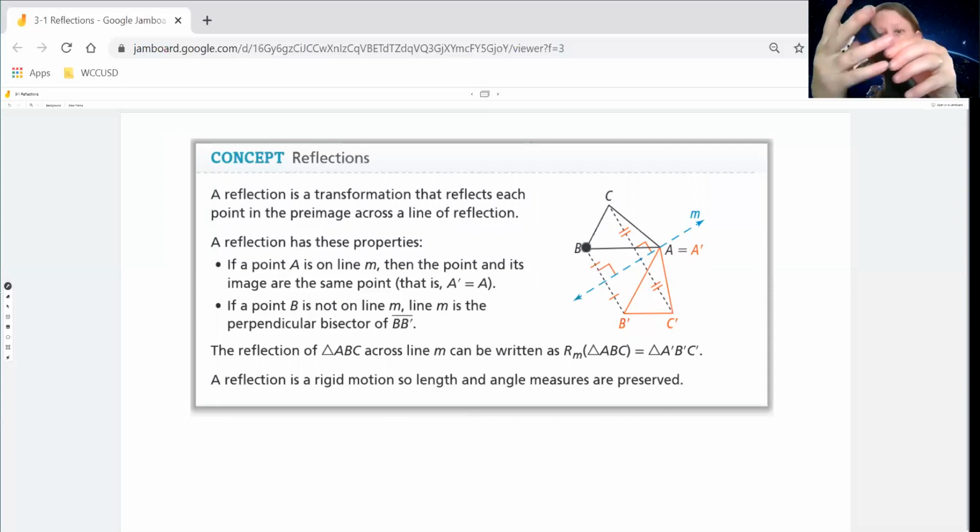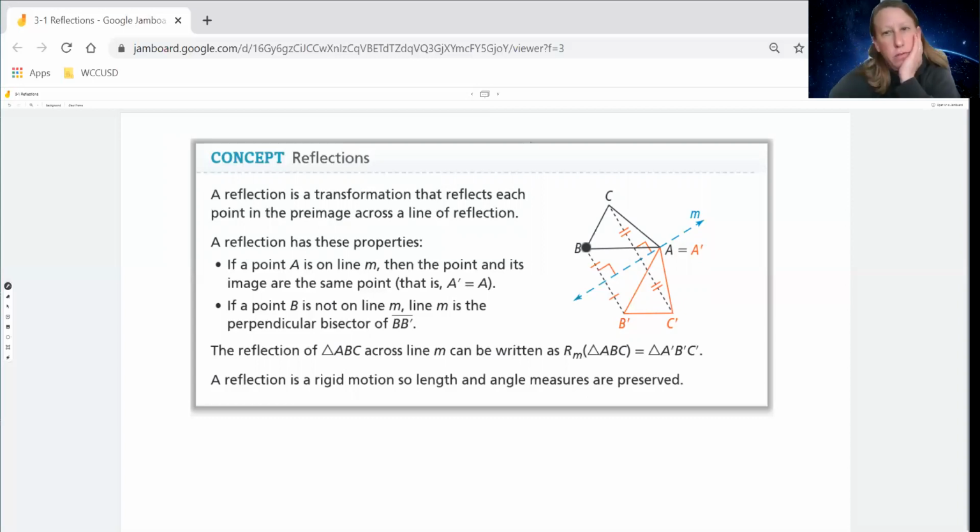Phones are mirrors. You have the screen off, then you can put it right along so if you have your phone right now, you can grab it, make sure the screen is off, and put your phone right along line M, that dashed blue line, and you can actually see the reflection in the phone.